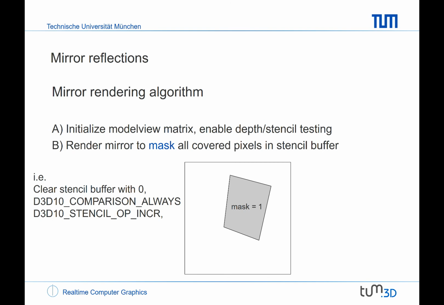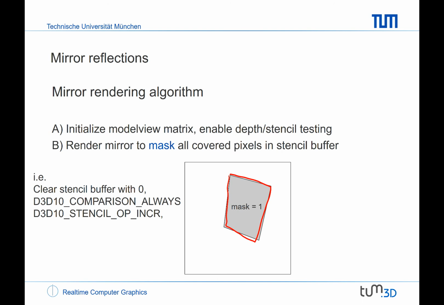More precisely, that brings us to the mirror rendering algorithm. In step 1, we initialize the model view matrix and enable depth and stencil testing, and then in step 2, we render the mirror polygon, that is the polygon we have here. We render this polygon in order to mask out all the covered pixels in the stencil buffer.